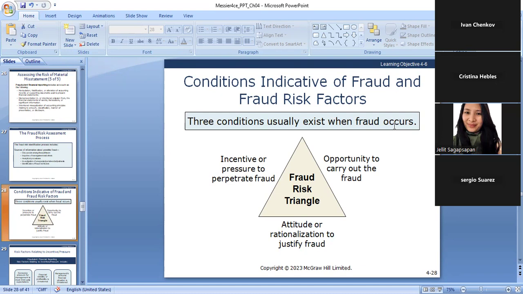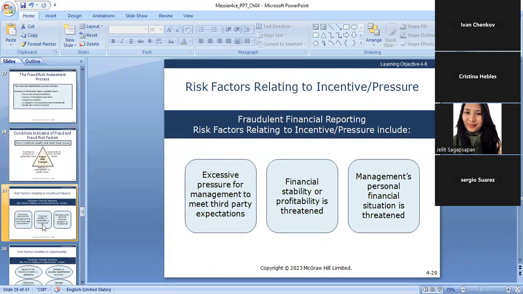But in that case, on the company level, you can start with the incentive and the pressure that the company can have. The risk of fraudulent financial reporting is the excessive pressure on the management to meet third-party expectations, which, as I told you, will be the covenants from the bank. Then financial stability, profitability and trends.